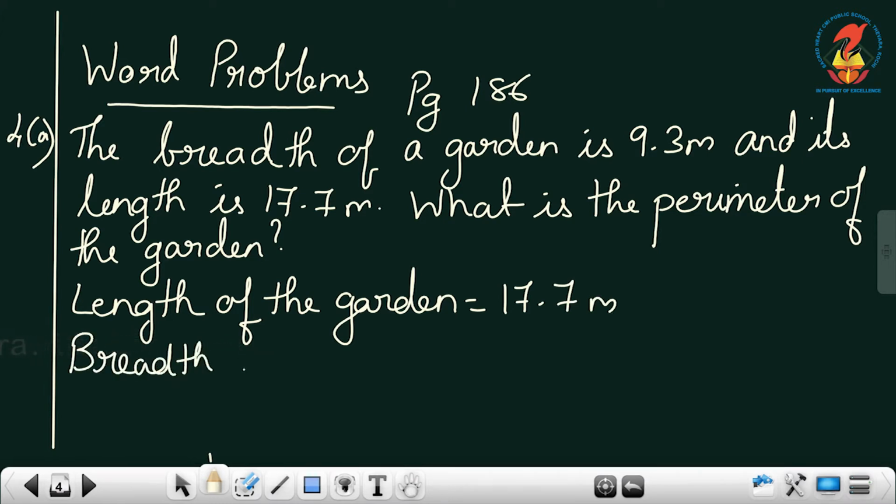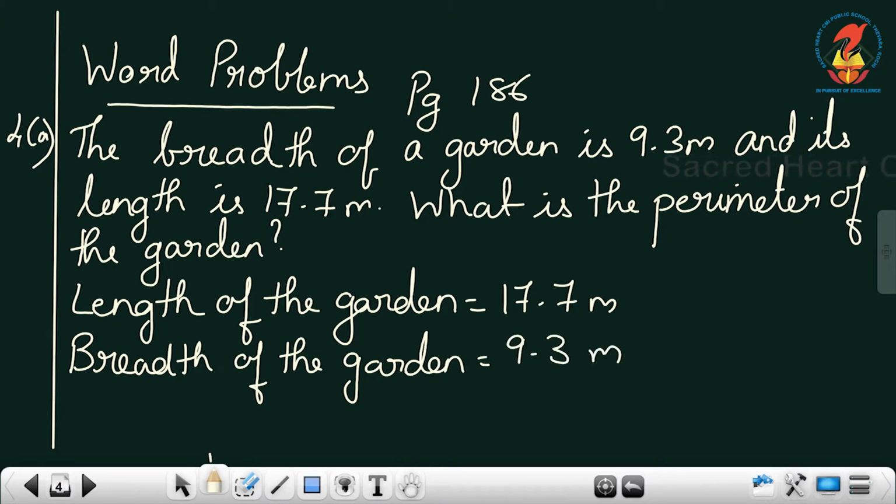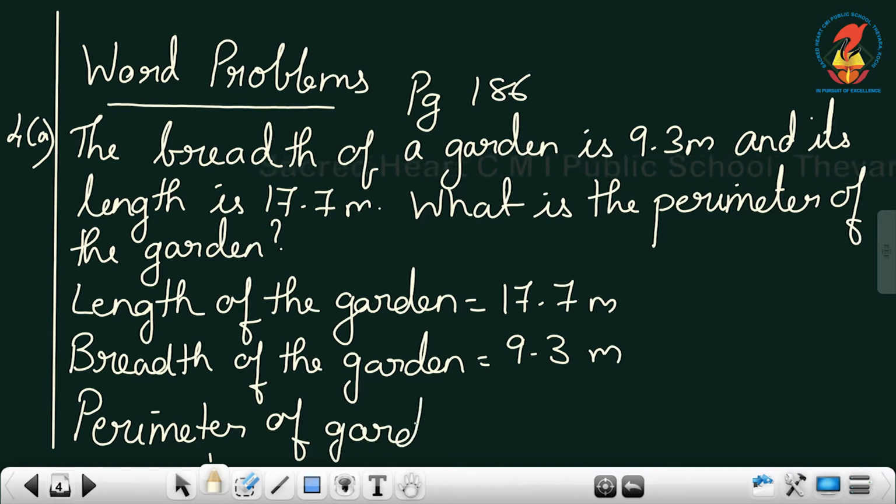Breadth of the garden that is equal to 9.3 meters. So, they are asking you what is the perimeter of the garden. You have to use a formula for the perimeter of rectangle. Perimeter of garden equal to 2 times L plus B.